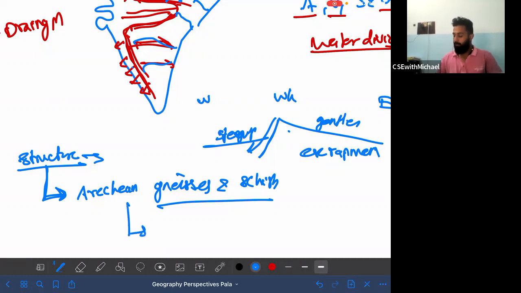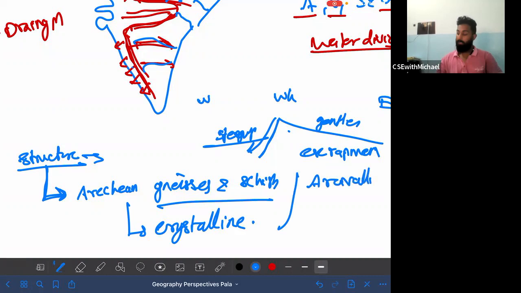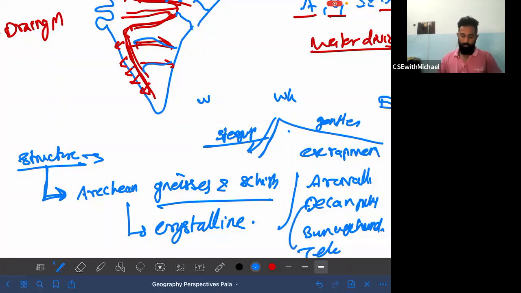So these are crystalline rocks. Mostly the areas like Aravalli, the Deccan Plateau, Bundelkhand, Telangana Plateau. Telangana Plateau is part of Deccan Plateau. So these are the regions where Archean crystalline rocks can be found.